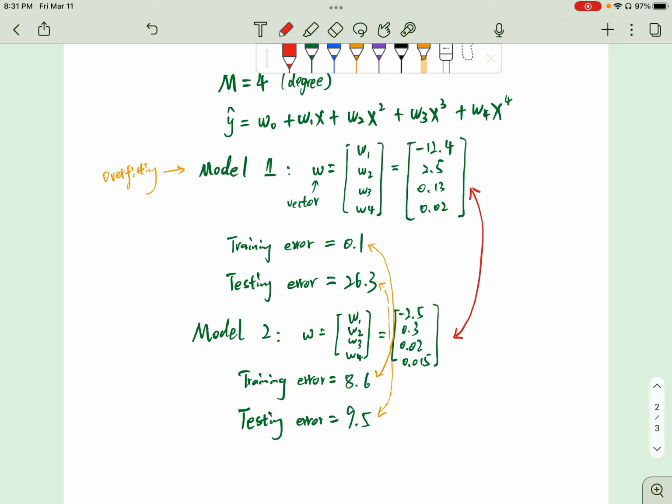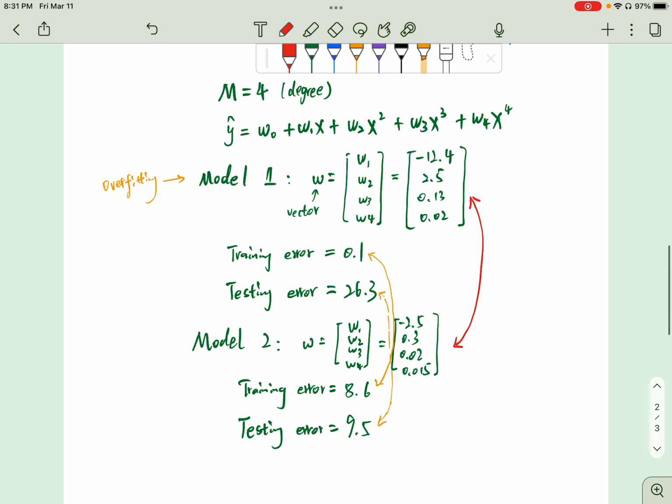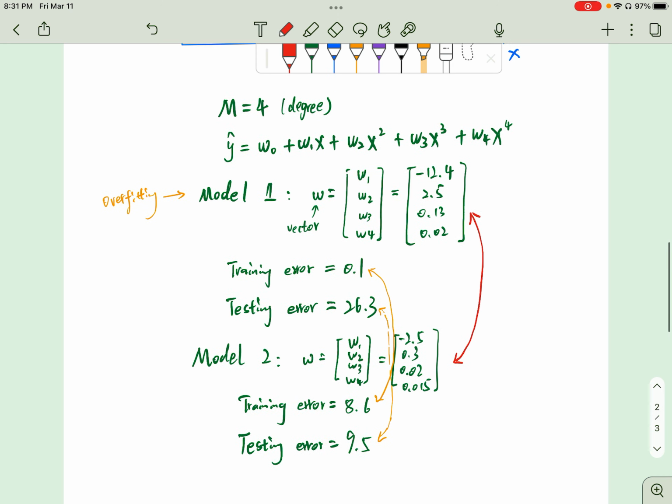If you want to compare, you can calculate the Euclidean distance of this vector, and the Euclidean distance of this vector. Of course, this one is much smaller. So here, our intuition is that if we can decrease or minimize this weights vector, maybe we can prevent overfitting here.